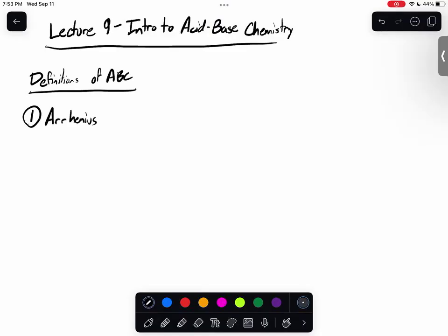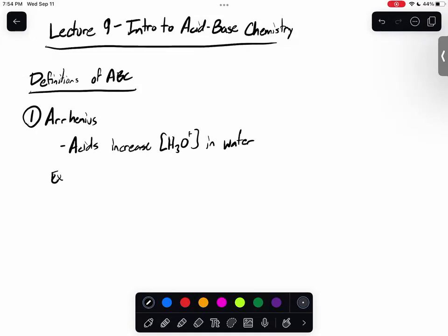Essentially, what the Arrhenius definition states is that acids increase the concentration of H3O+ in water. Here's a good example of it.